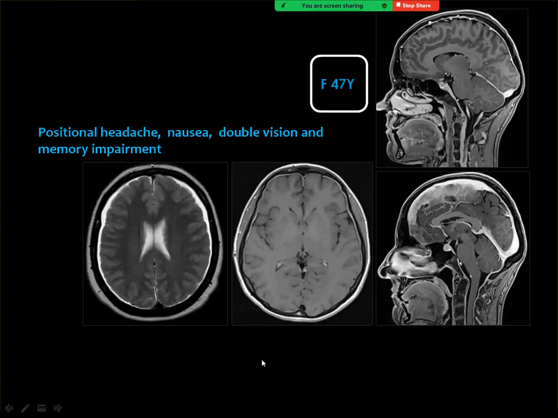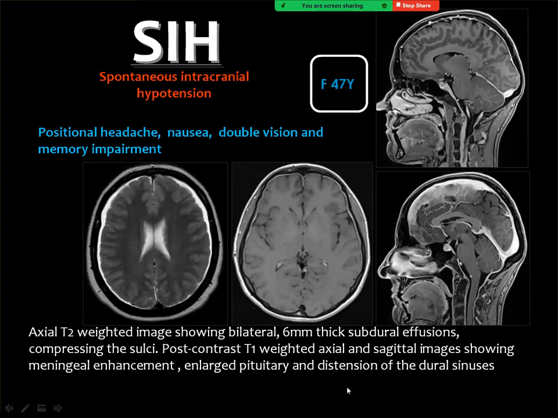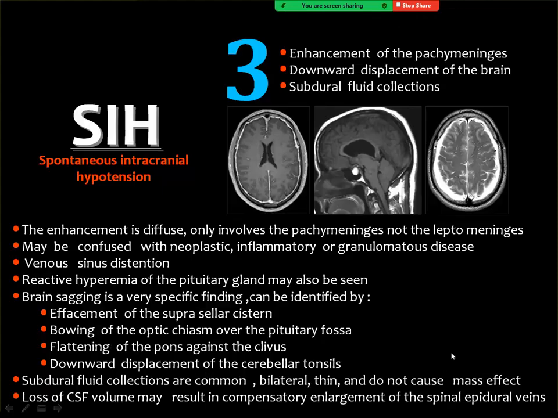Intracranial hypotension has many imaging findings like diffuse pachymeningeal thickening of the dura, distension of the dural sinuses, prominent appearance of the pituitary gland. These are the criteria of intracranial hypotension.